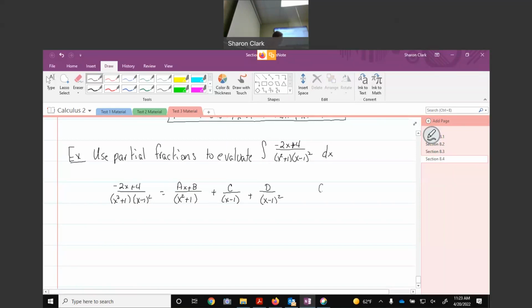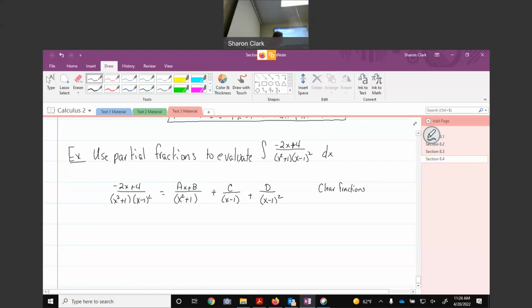Okay, so we're going to clear our fractions. He was saying that he had x squared minus 1 instead of plus 1, so he put a over his. It made it look very different, because x squared minus 1 factors. This one you can't do.